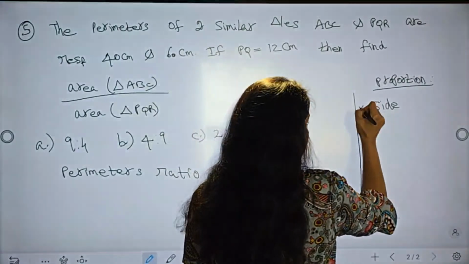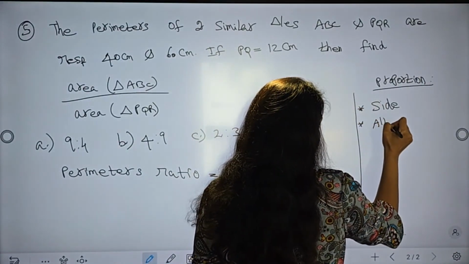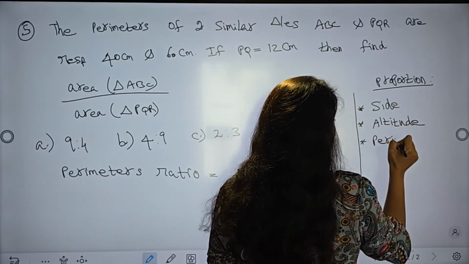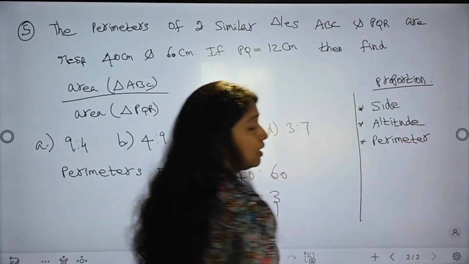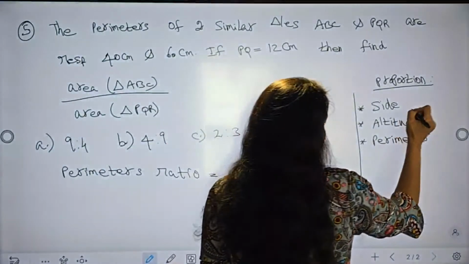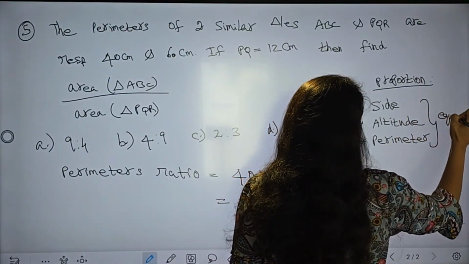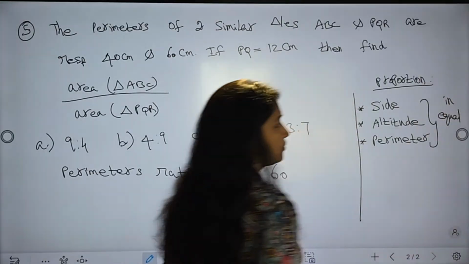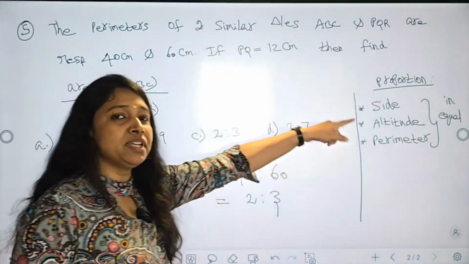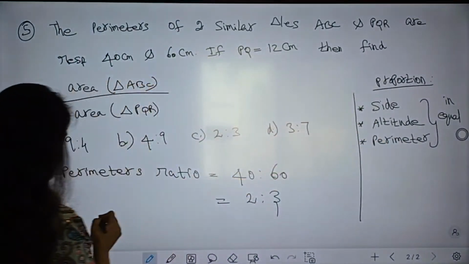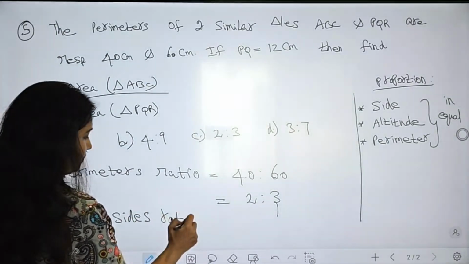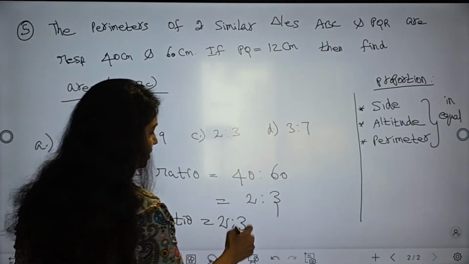Not only sides, their altitude, then their perimeter too, all are in equal proportion. So the perimeter ratio is also equal to its sides ratio. So therefore you can write their sides ratio as same as that of the perimeter ratio.